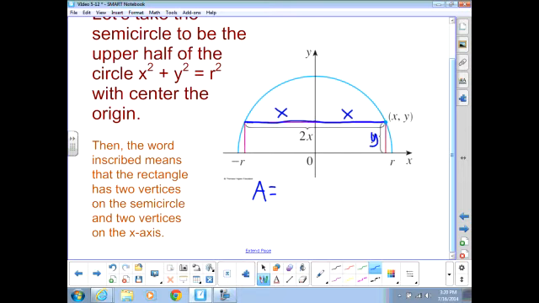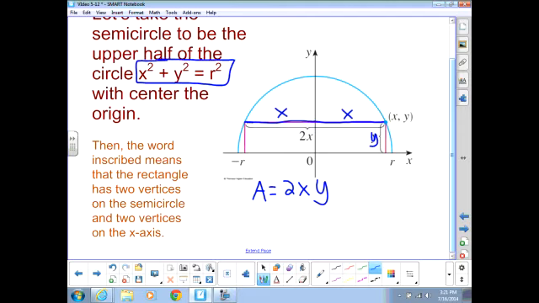Since the area is what we're trying to maximize, that's what we'll eventually plug into. So it's just a rectangle, so it's length times width. Well, the length is represented by 2x, and the width is represented by y. So area is just equal to 2x times y.